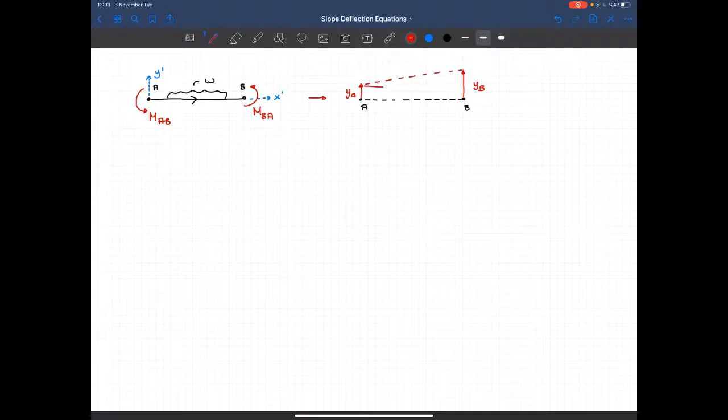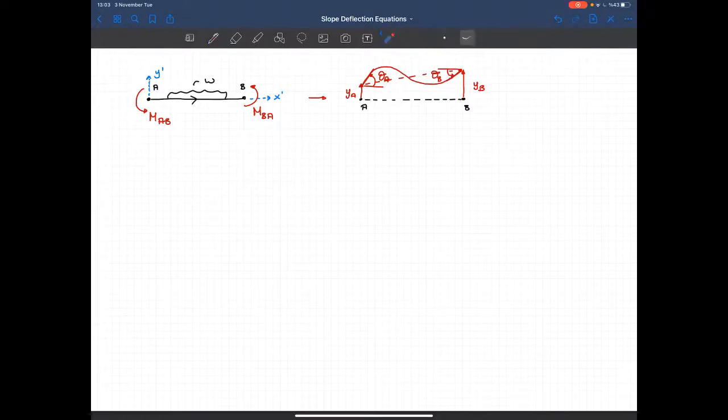And we see a rotation at A, so let's mark it this way. And we have theta A. I'm defining all the rotations in the counterclockwise direction. That's theta B. And that's the deformed shape.